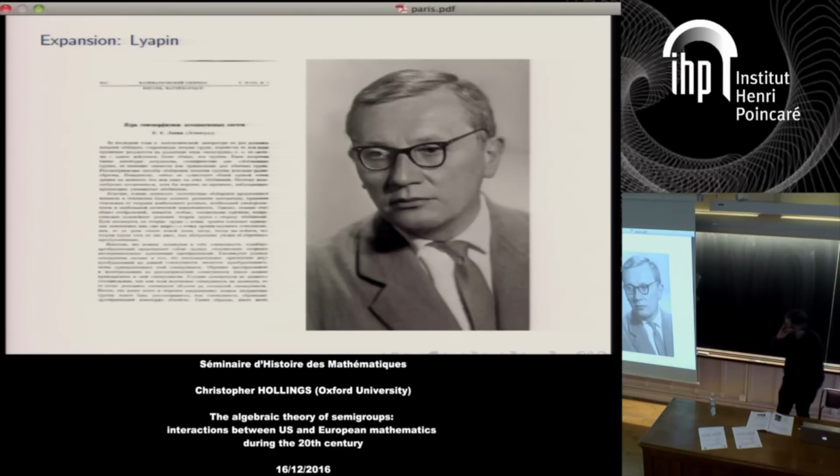And he was a group theorist by training, and so he came at the theory with a group theoretic mindset, and he looked at things like kernels of homomorphisms of semigroups, and tried to come up with a sensible notion of a normal subsemigroup and make it behave in the same sort of way that a normal subgroup works, and so on.